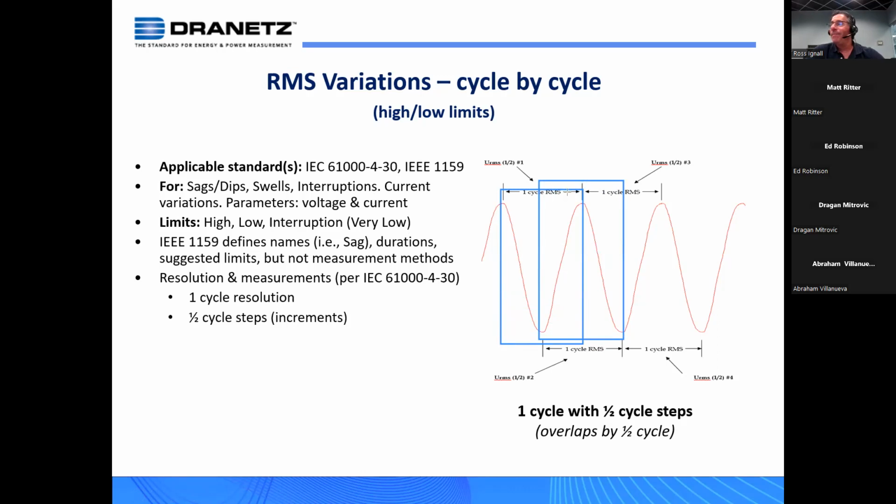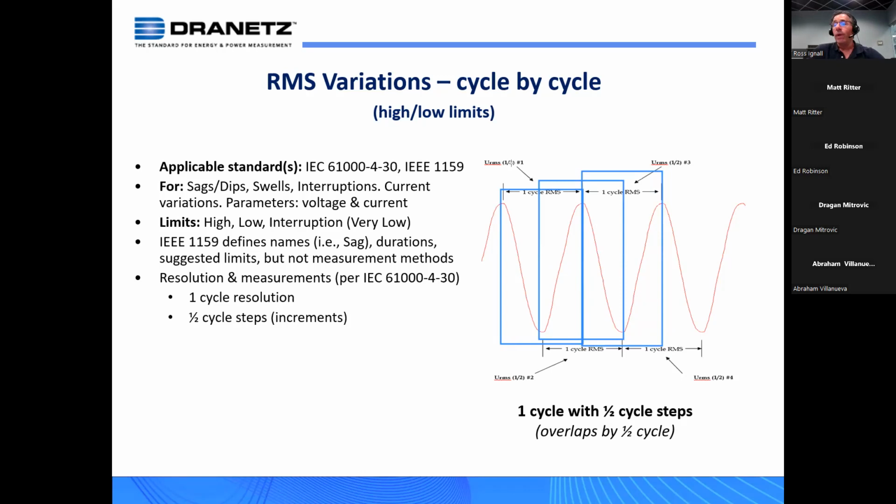And the cycle after that will be this, another half cycle increment. So you can see here the meter is measuring one cycle at a time, but incremented at half cycle increments. Hopefully the way I drew it out is clear here. And that's URMS 1/2, the technical term for that.